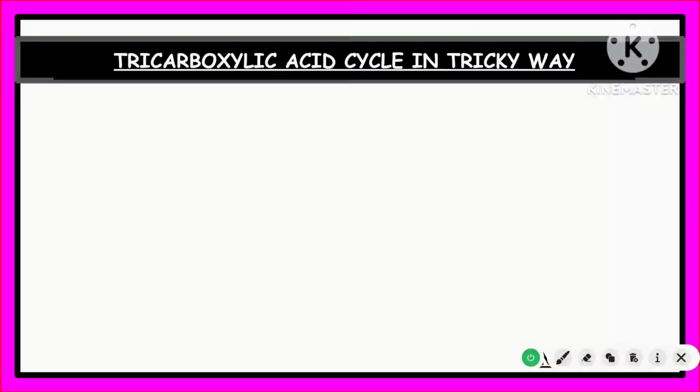In the summary of glycolysis, initially we take one glucose, and after glycolysis, from glucose we got two pyruvate, two ATPs, and two NADH plus two water.